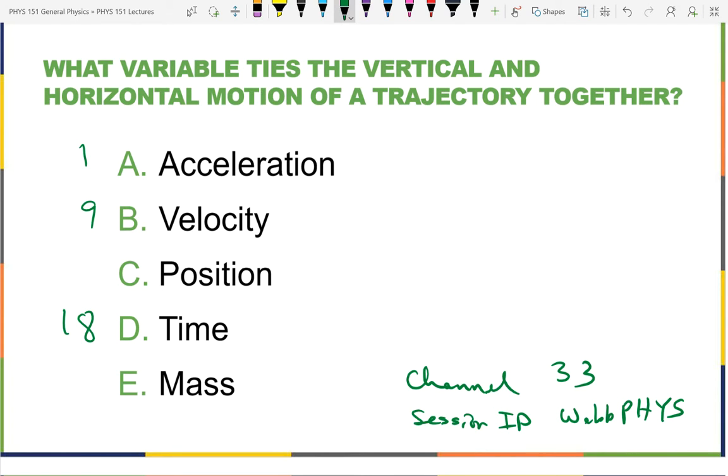Well, not up versus down, but up versus horizontal. Okay, so the answer was time, D. And that's right. Now velocity has components in the x and y, so I can see why a lot of people answered that. But in your solution, it's usually time that is the variable that ties the horizontal and vertical motions together.